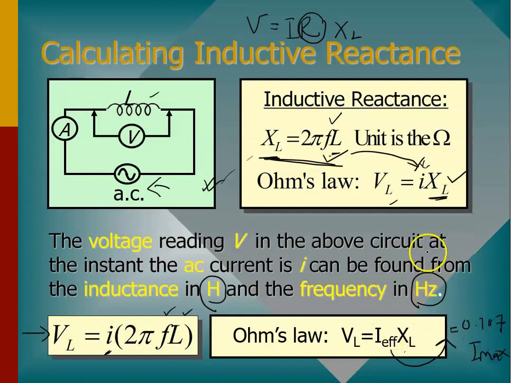So VL is equal to I effective times the inductive reactance. So this is how we calculate inductive reactance and its relation to the Ohm's law equations.